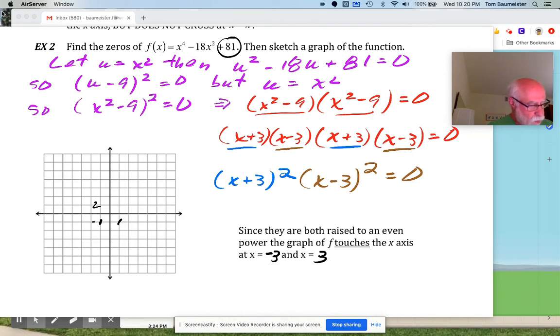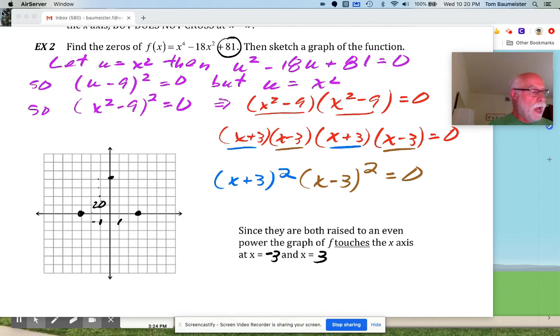I went by 20s here: 20, 40, 60, 80. So 81 will be right there. We know that one of our x-intercepts is at negative 3, and our other one is at positive 3.